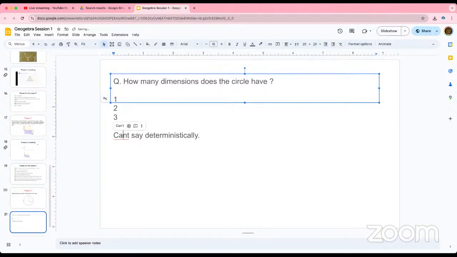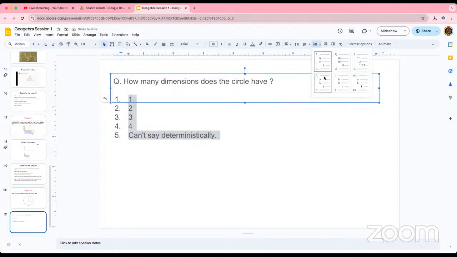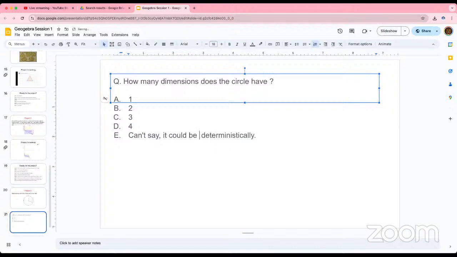So let's say the option is it has 1 dimension, 2 dimension, 3 dimension, 4 dimension. Can't say it. It could be anything, depending on where you are drawing it.